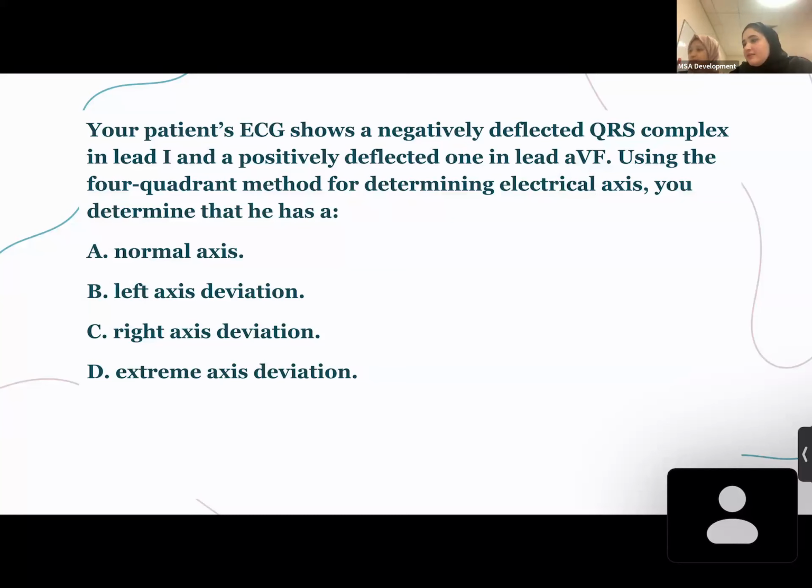Okay. So basically, your patient's ECG shows a negatively deflected QRS complex in lead 1 and a positively deflected one in lead aVF.